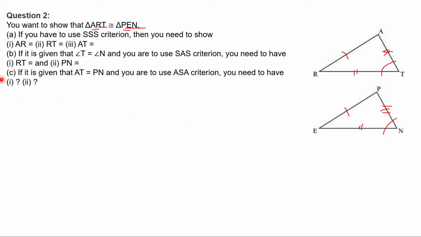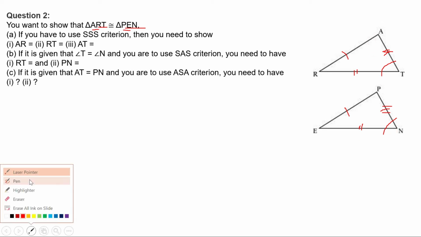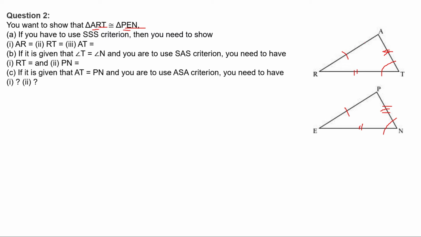Now in the third, if AT is equal to PN, which two other angles are equal? Angle T is equal to angle N, okay? And the second one is angle A equal to angle P. So this is our question number 2.